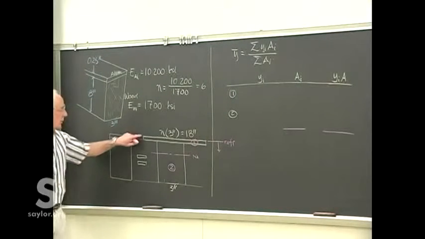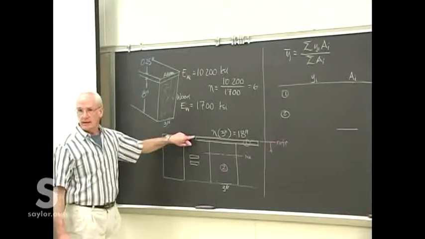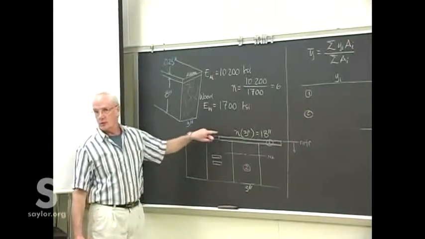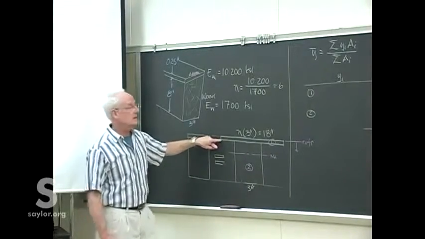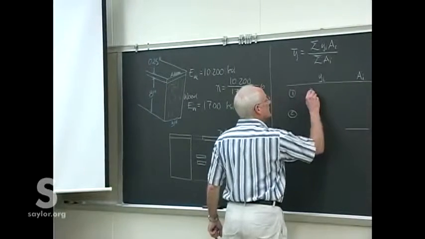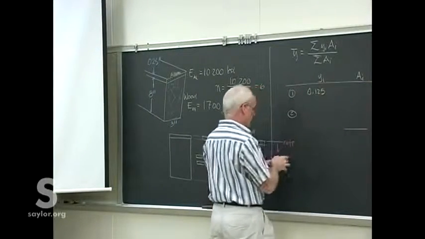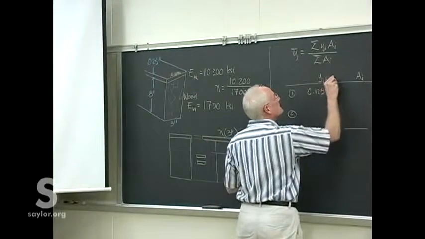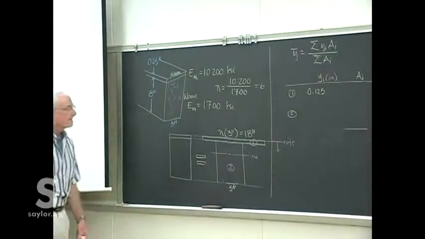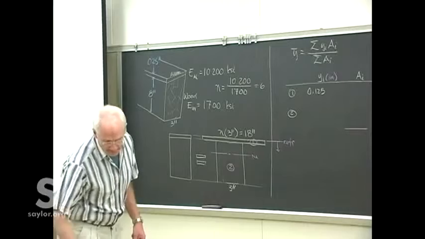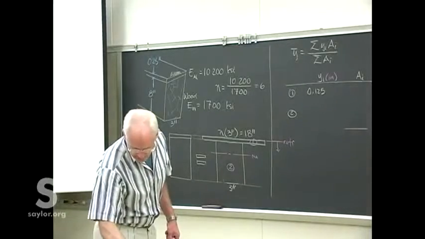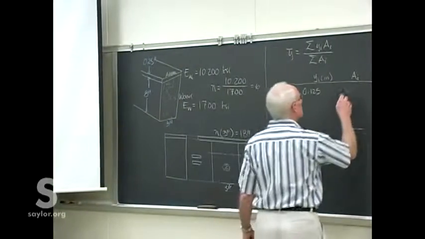Okay, for piece 1, its centroid, with respect to our arbitrary reference line, is halfway across the 1/4 inch thickness, so it's 1/8 of an inch, 0.125, where that's in inches. Its area is what, 18 by 1/4, which is 5625, I think.